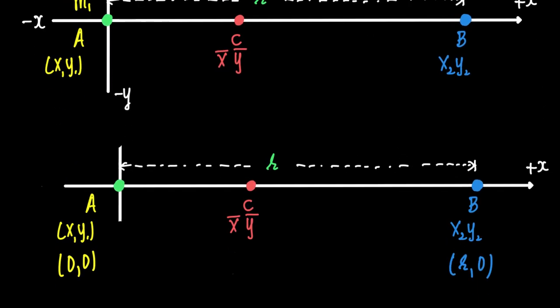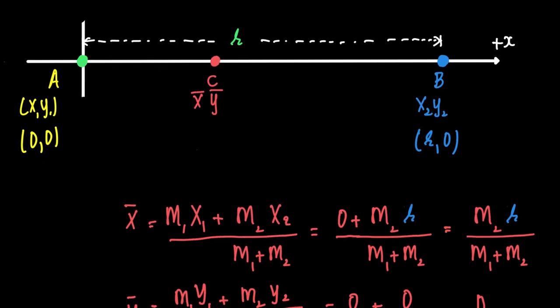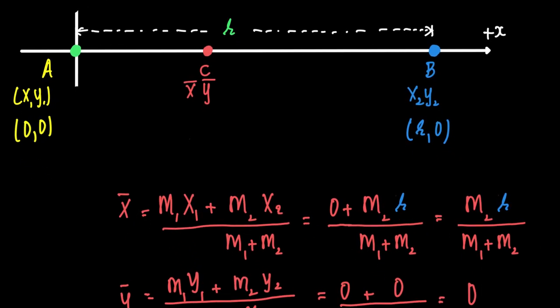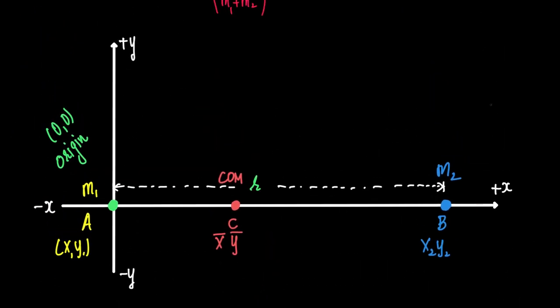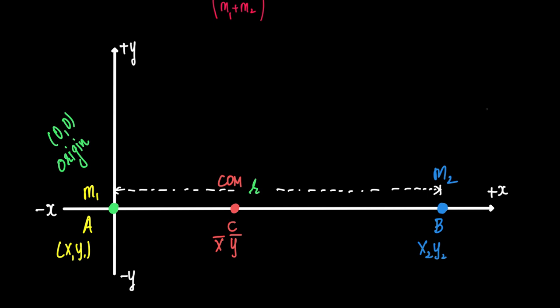Now we know that by the formula for center of mass coordinates, x bar is equal to m1 x1 plus m2 x2 divided by m1 plus m2. Now the question comes, what is x1 and x2? So if you see, x1 y1 represents the coordinates of a, and where is a placed? A is placed at the origin.